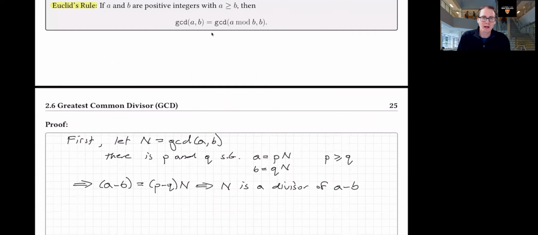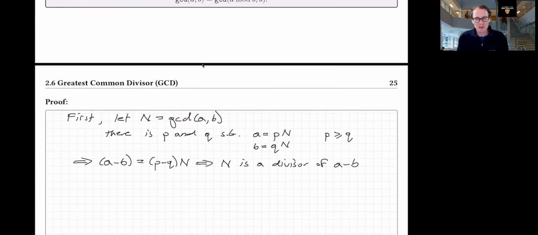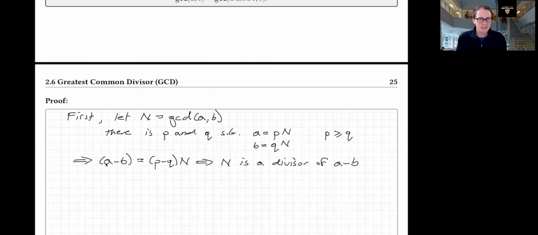What I'm going to do is first show that the greatest common divisor of A and B is equal to the greatest common divisor of A minus B and B. And then I'm going to use that result to show this one. So here we see that n divides A minus B and n divides B. That means it is a common divisor of both A minus B and B. So if it's a common divisor, the greatest common divisor has to be at least as big.